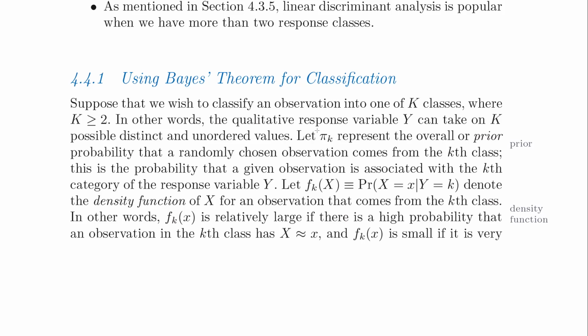Let pi k represent the overall or prior probability that a randomly chosen observation comes from the kth class.